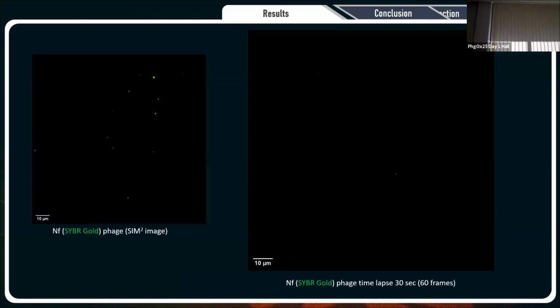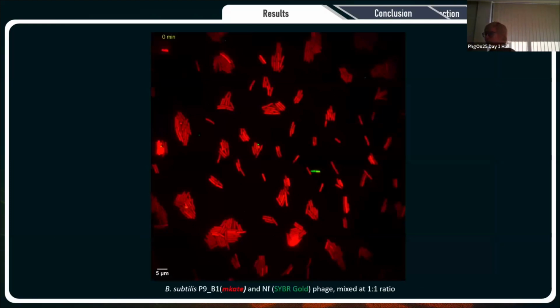Rather than just nicely sitting on the pad, although some were, the phages, probably because of their size, were quite mobile and coming in and out of focus. So unfortunately, this does make tracking them a little bit harder, but we're not going to let that stop us. So finally, time lapses.